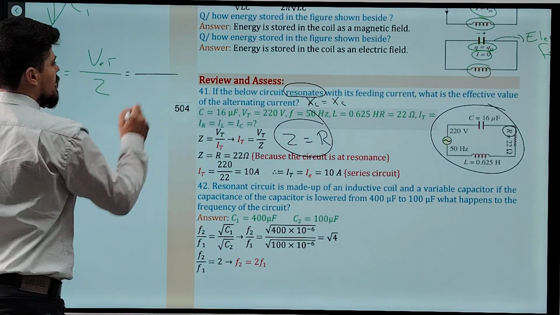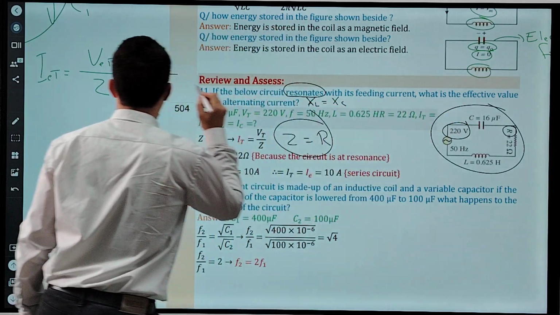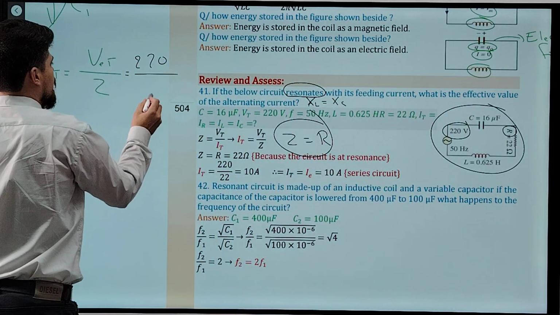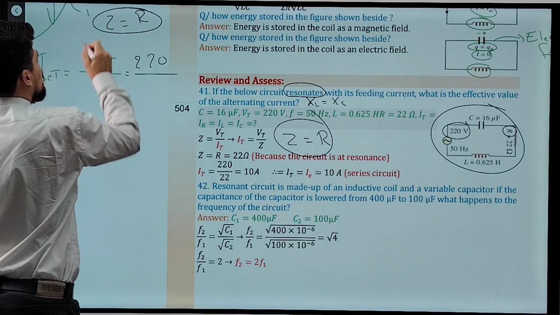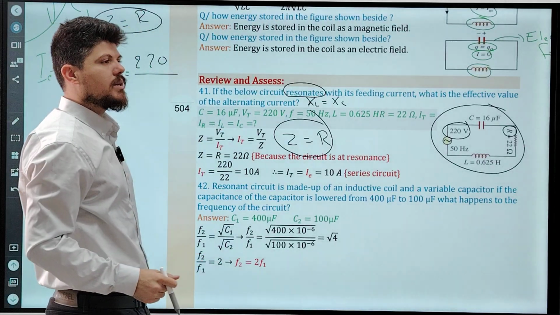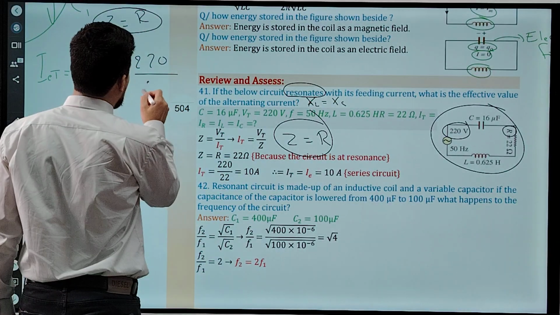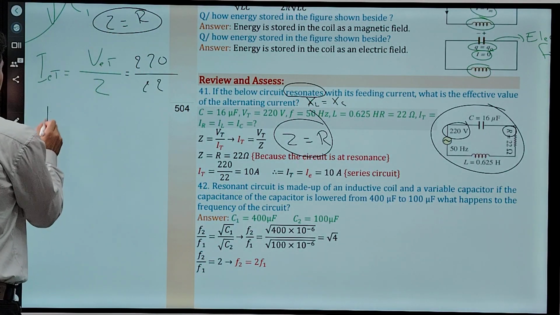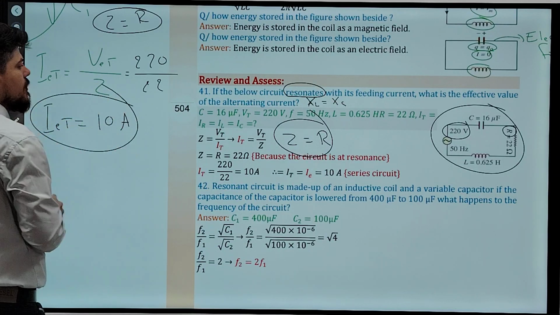So the total effective voltage was given as 220, divided by what? Z. Z is equal to R. Why? Because the circuit is connected in series. Divided by 22. So the current is equal to 10 ampere.